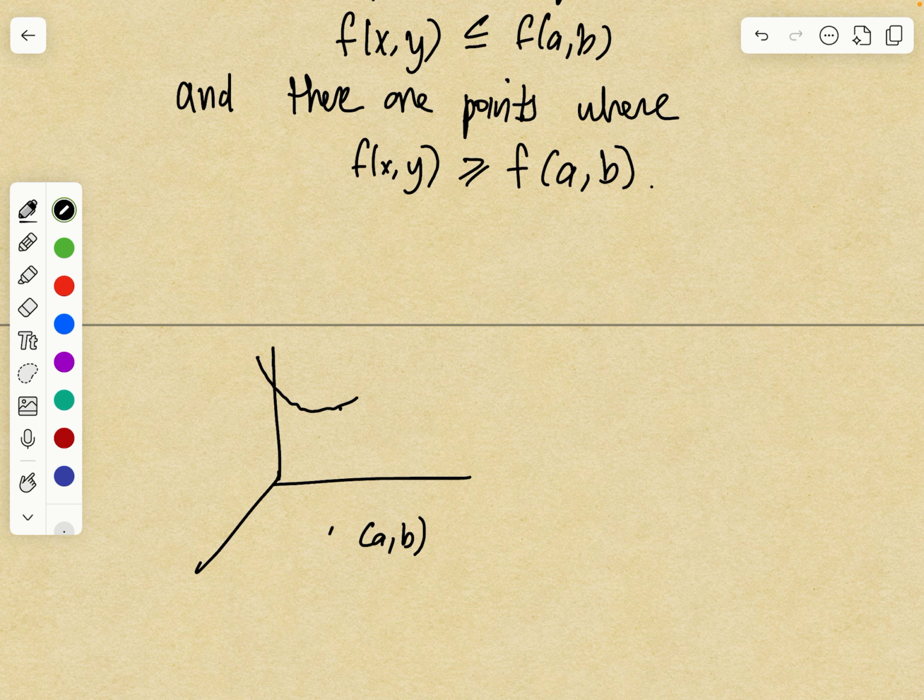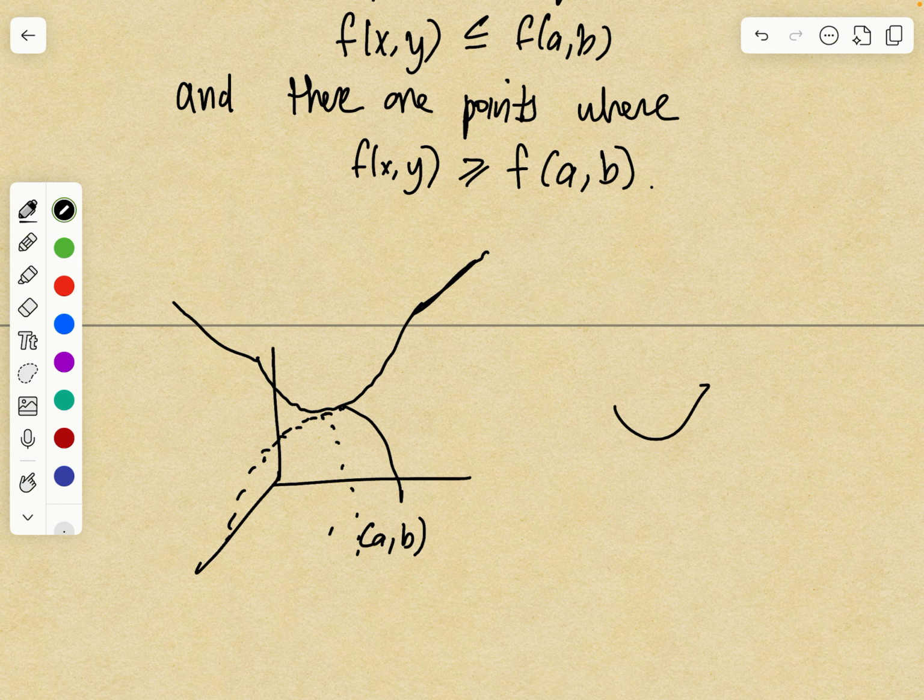Basically, you have something like this, but then you have something like this, and then your function looks like this. Something like that, right? It's this kind of oddly shaped thing.